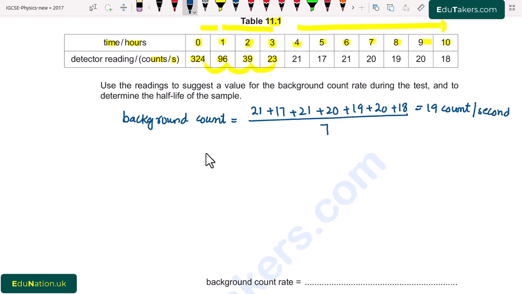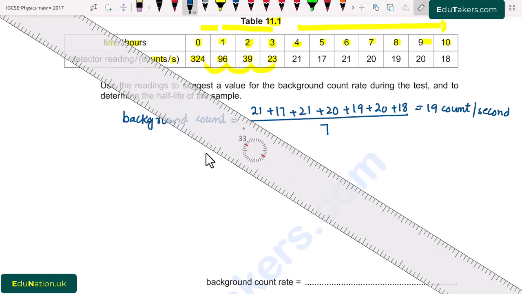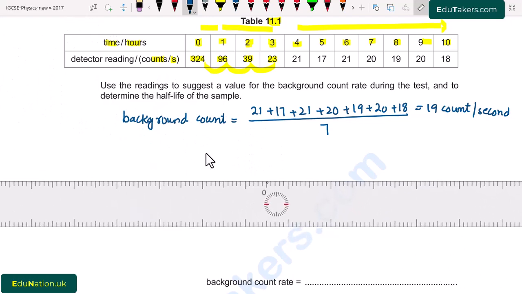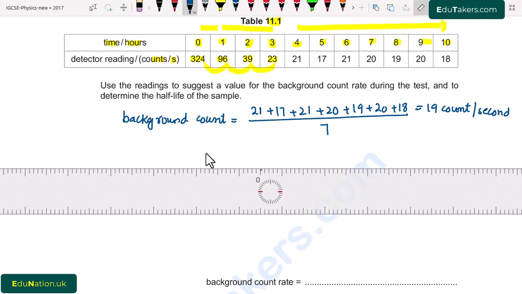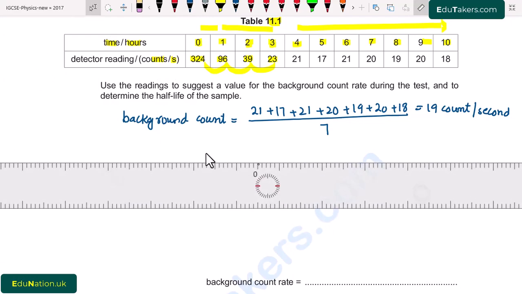Now we also have to consider the count readings from 0 to 3. So first of all, I make a table here in which I take two values, time and count per second. I draw here.